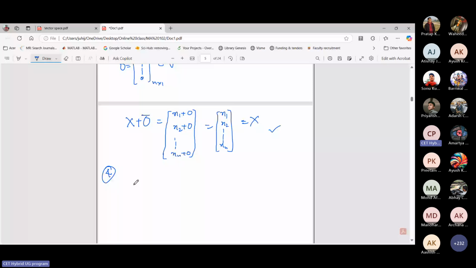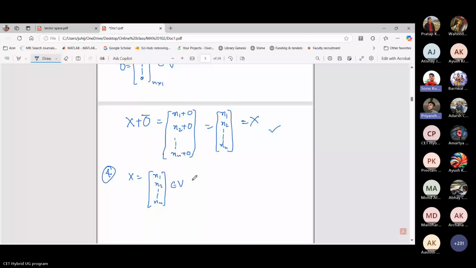If we are taking x a member of this V, which is defined by x1, x2, xn, where x1, x2, xn are all real numbers, so minus of x1, x2, xn will also be real numbers.